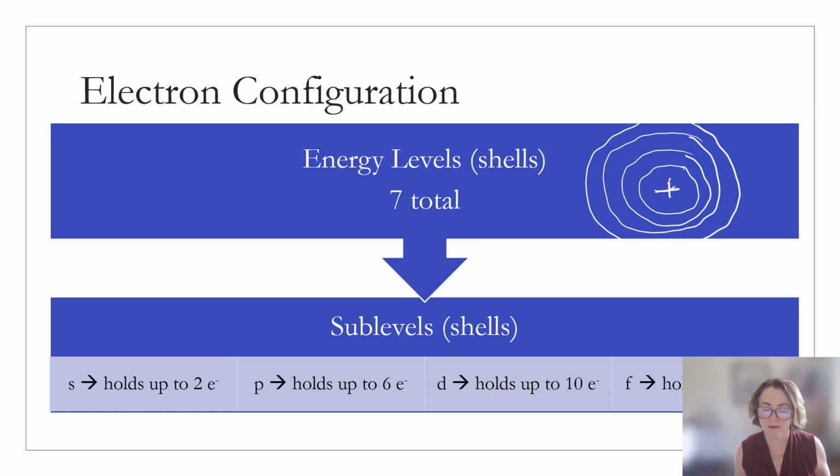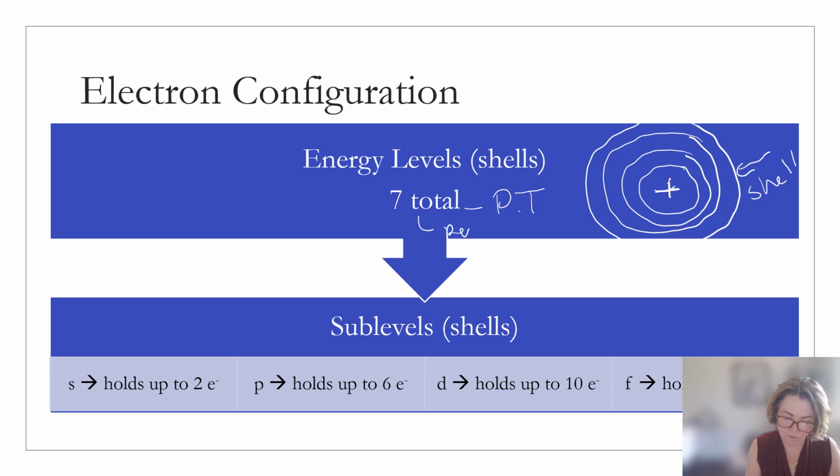I could go out to 7, but each of these rings is a shell or an energy level, and there are 7 total. That lines up beautifully with the number of periods on the periodic table.